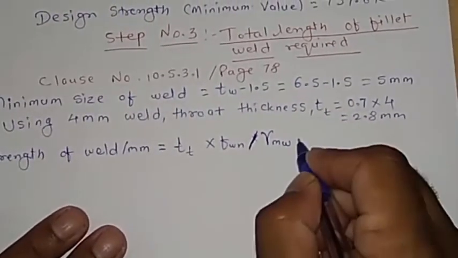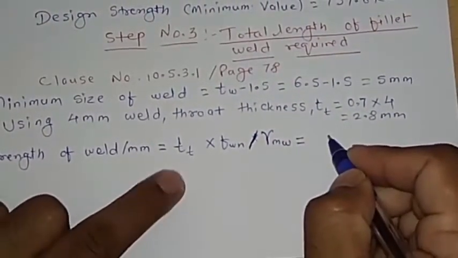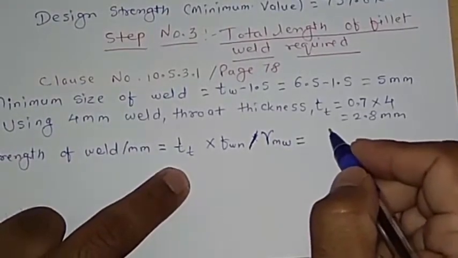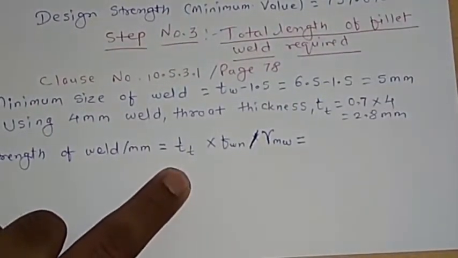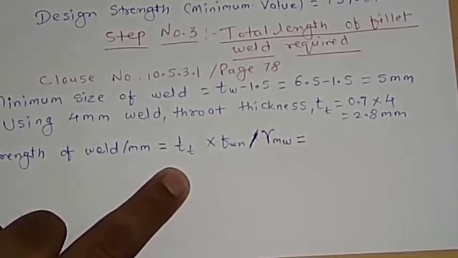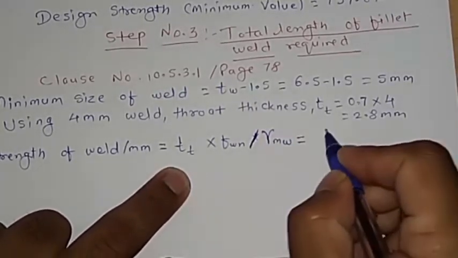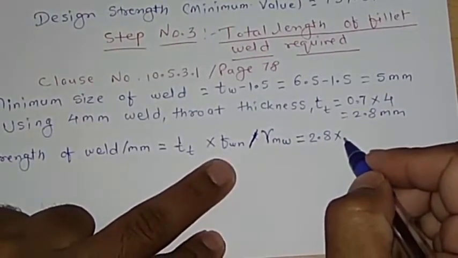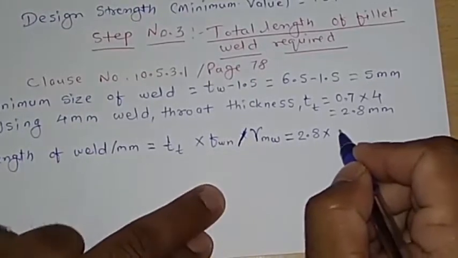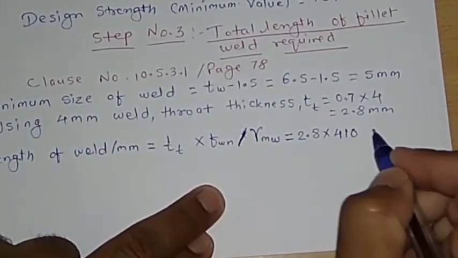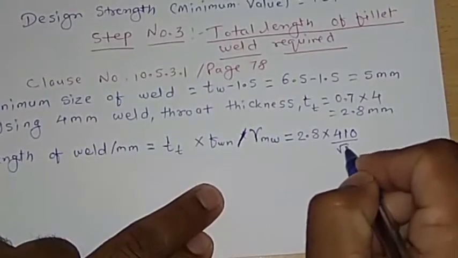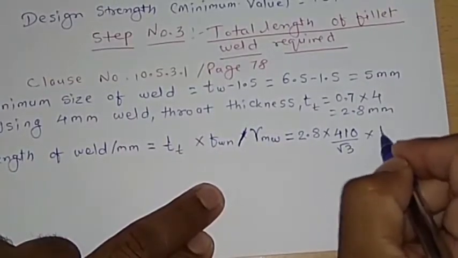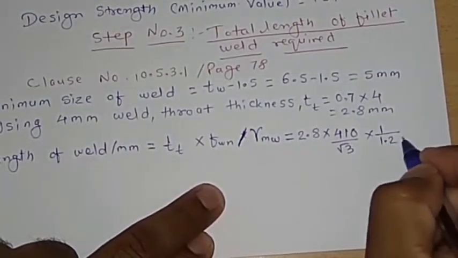And now if you just calculate this, TT, which we already know, is 2.8, then FWN is FU by root 3, where FU is 410, divided by root 3 and multiplied by 1 divided by gamma mW, that is 1.25.